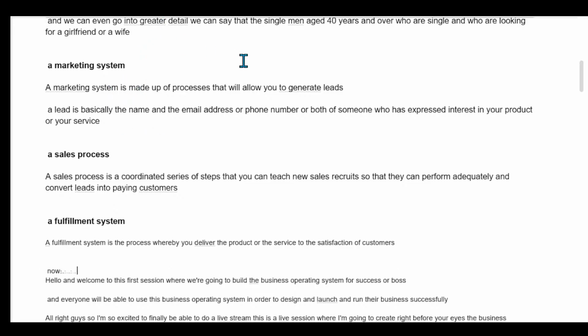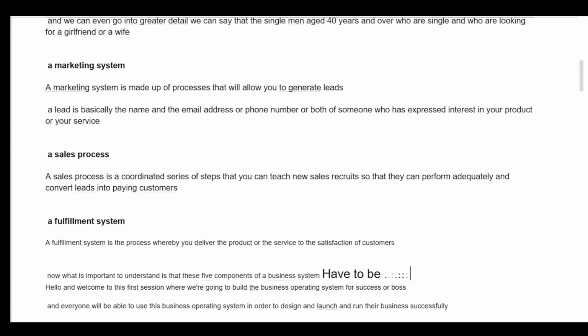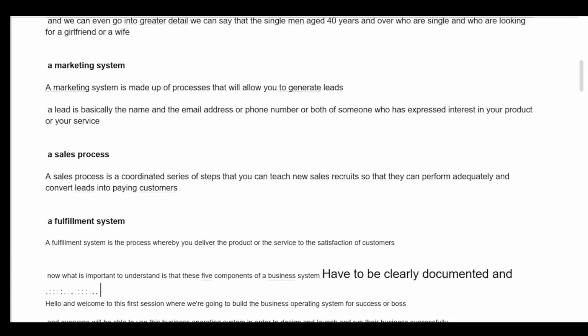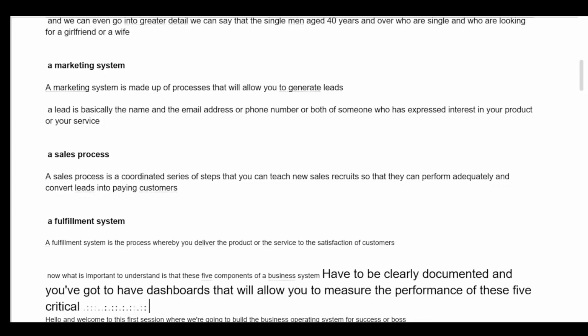Now, what is important to understand is that these 5 components of a business system have to be clearly documented, and you've got to have dashboards that will allow you to measure the performance of these 5 critical components of a business system.